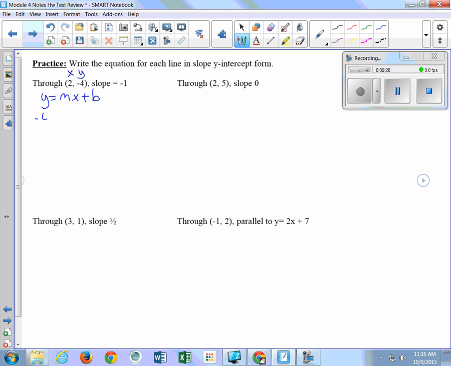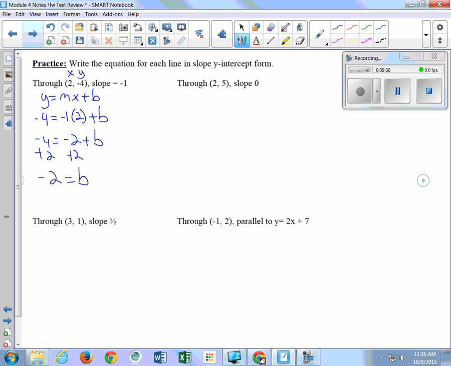Negative 4 equals, I know my slope, so that's negative 1 times the x plus b. So now I'm just going to work this equation to solve for b. So negative 4 equals negative 2 plus b. How do I get b by itself? I do the opposite operation of the negative 2, which is add 2. That gives me negative 2 equals b.